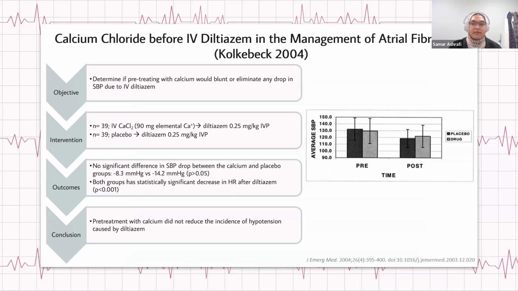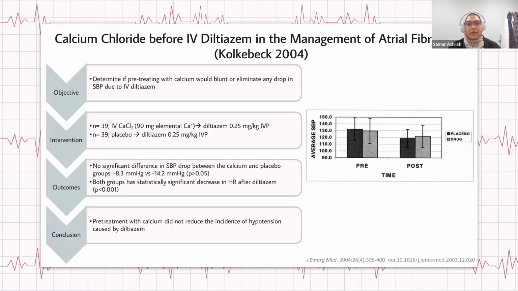This was a prospective randomized double-blind trial that was done in San Antonio, where they wanted to again study calcium before DILT this time. They copied the same elemental dosing of calcium as done in the 1983 trial. So 90 milligrams elemental given before diltiazem as the standard IV push dose, versus placebo before the diltiazem.